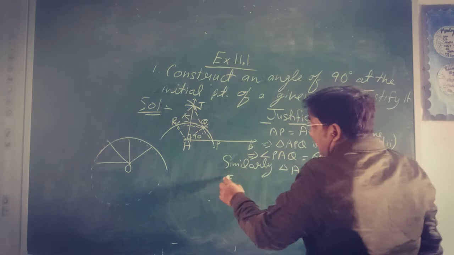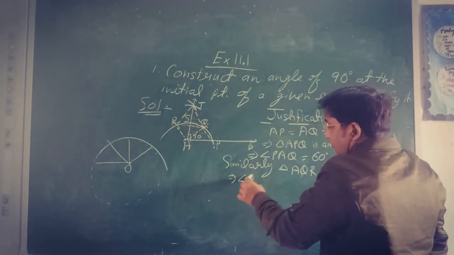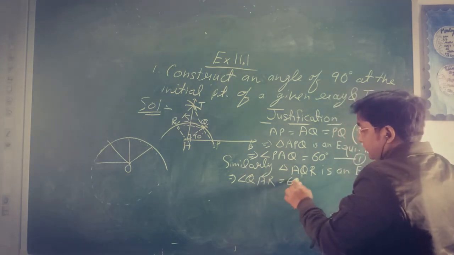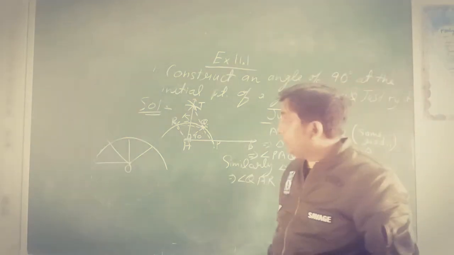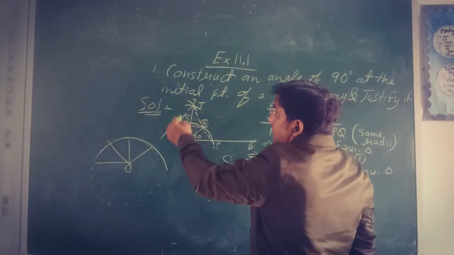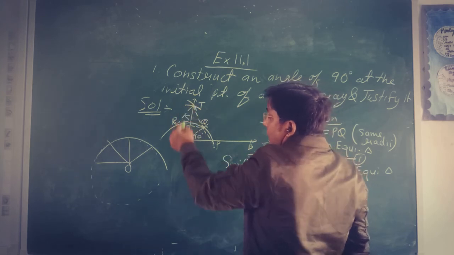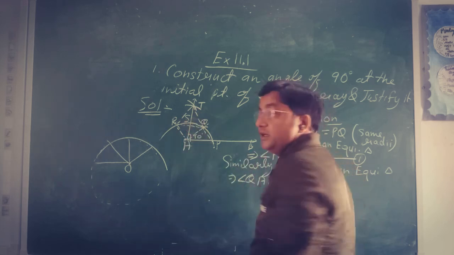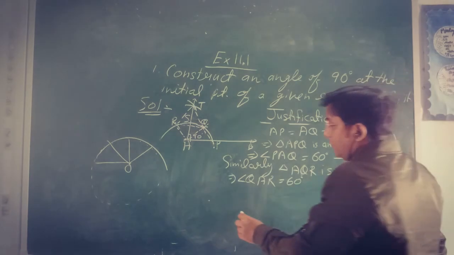So this implies that angle QAR is 60 degree. Now let us prove that triangle ART and AQT are congruent triangles.